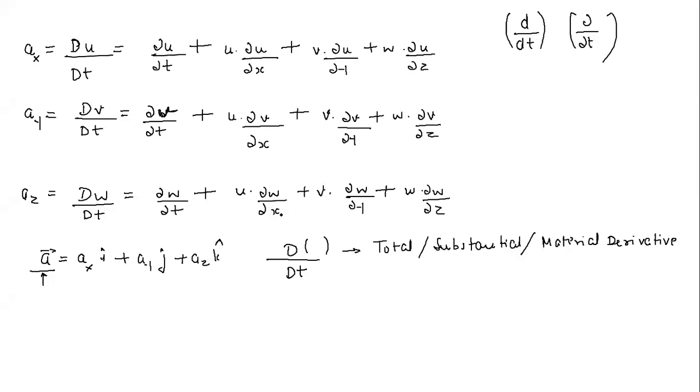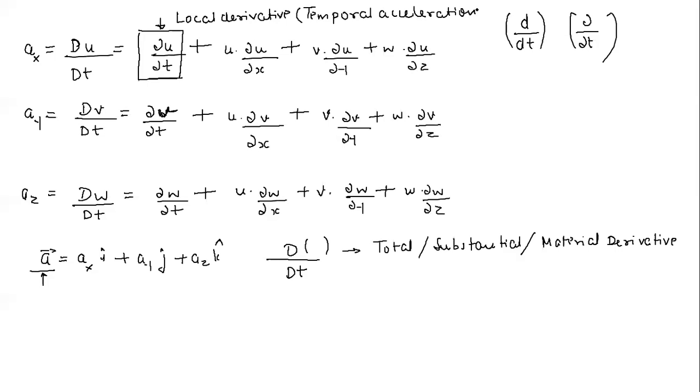Now if you observe here, this acceleration term is composed of two terms. Let us take the x component of acceleration. This acceleration term, delta u by delta t, which you are seeing here, is called the local derivative, or we call this acceleration term temporal acceleration or local acceleration.